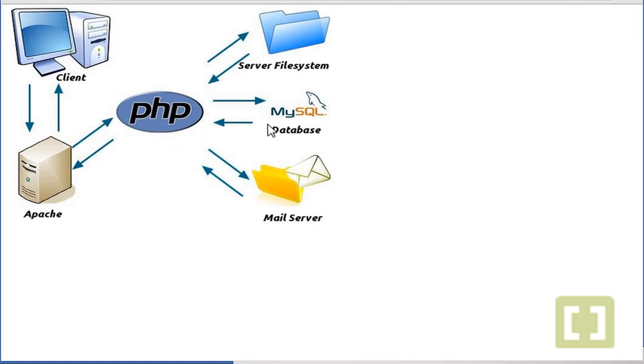If they have something on a database, it will grab that and return an answer, basically anything that the user wants to see. Like, for example, any tables or any data on the database, like names or passwords or whatever. So we do all that through PHP.